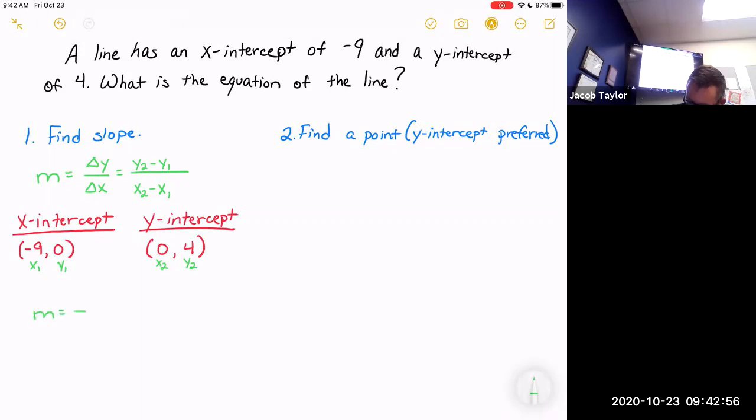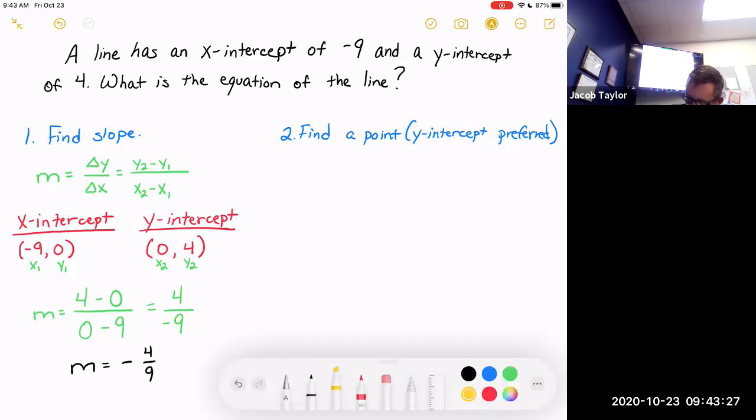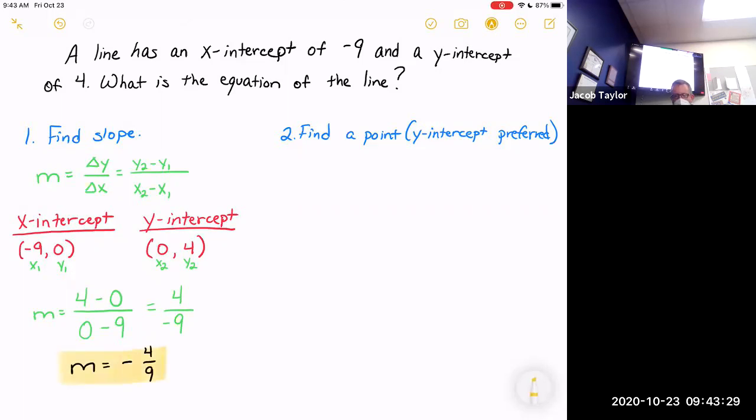So m equals, and now I'm going to plug in those numbers, y2 minus y1 on the top, and on the bottom, x2 minus x1. 4 minus 0 is 4. 0 minus 9 is -9. So I could write the slope of this equation as m equals -4/9. Step 1 complete. I found the slope.